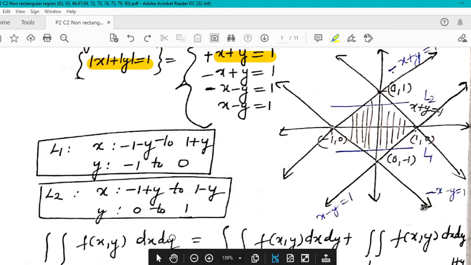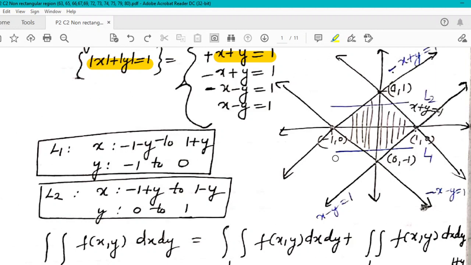We have to know the limits of x and y. In this case we'll consider the horizontal cross-section method.